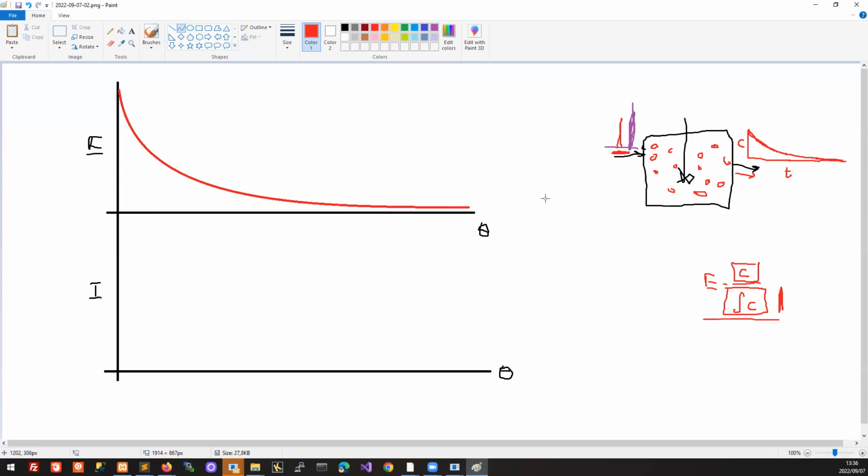Okay, now what about the interior of the reactor, right? So this is what we are seeing at the exit. What is the age distribution inside of the reactor? How similar are these curves going to be? How dissimilar? Right, any takers on that?